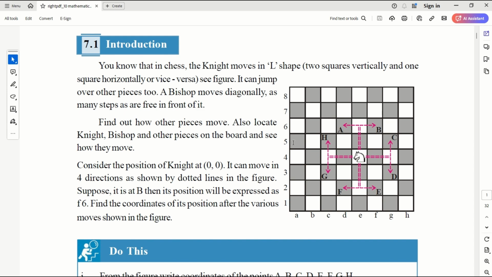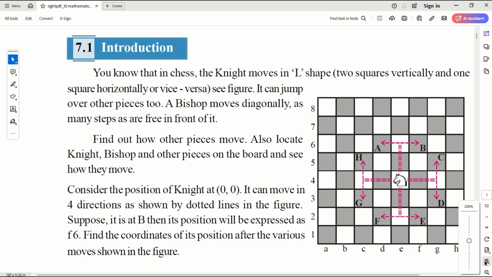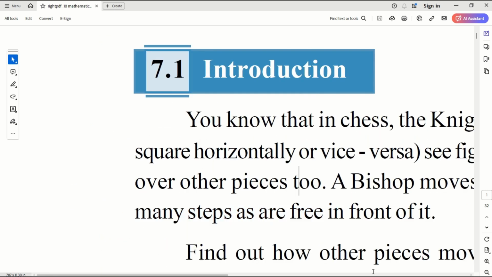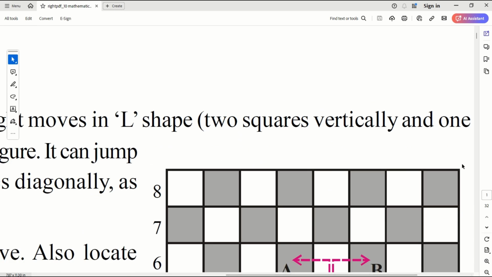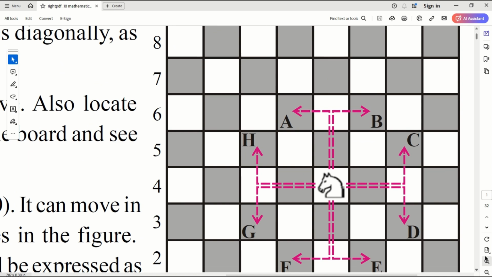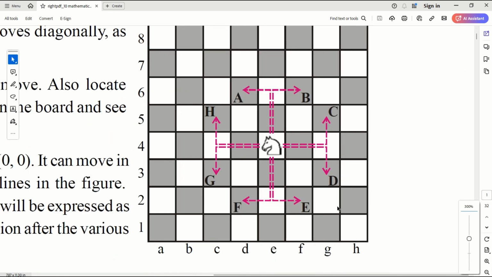Introduction. What you see here is a chessboard, right? The question is, if you take a knight, what kind of steps can it make?